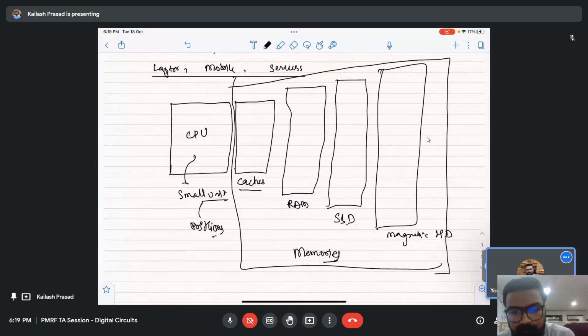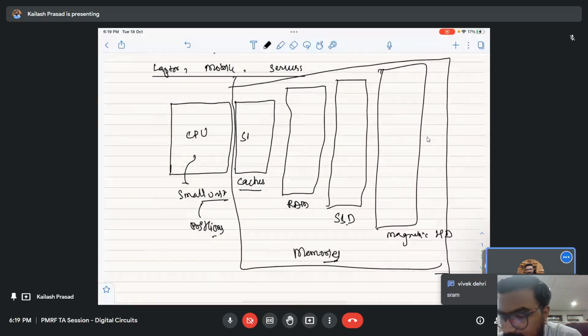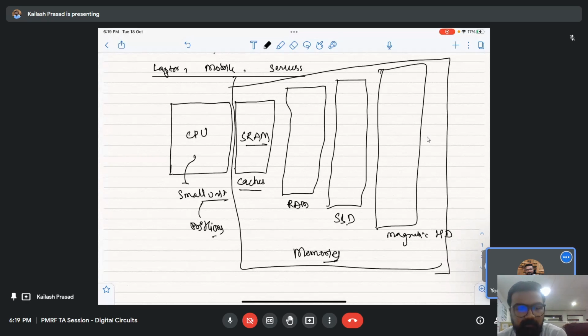Yeah, Vivek, you are right. This is SRAM. What about the RAM, what is it made up of? DRAM, dynamic random access memory. And what are these made up of?